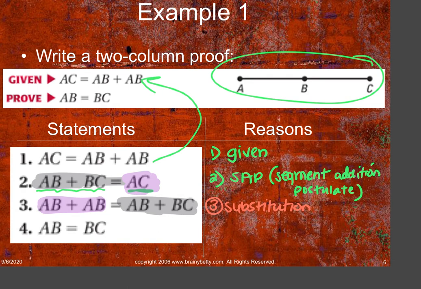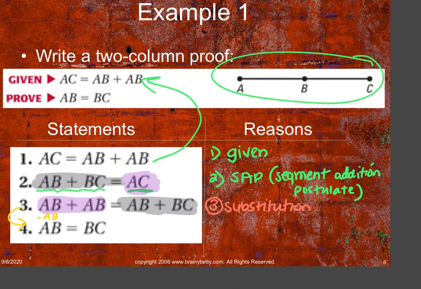This last statement says AB equals BC. What happened from 3 to 4? Look at 3 and look at 4. What changed? We lost the AB from both sides of the equal sign.